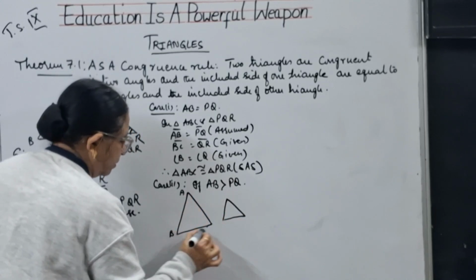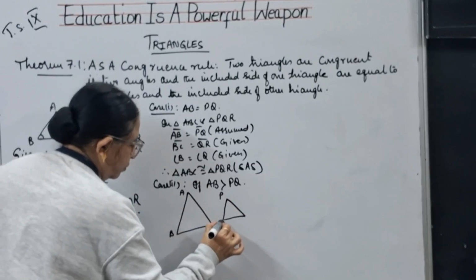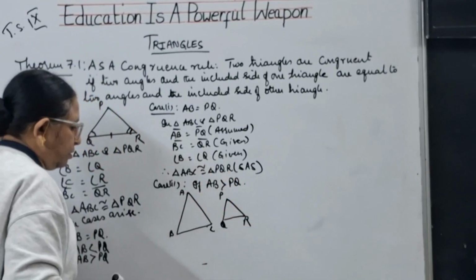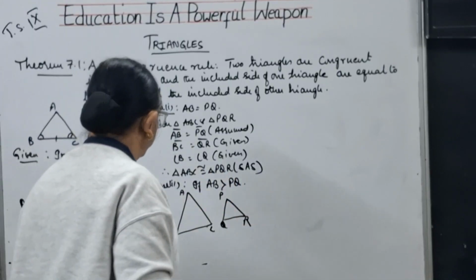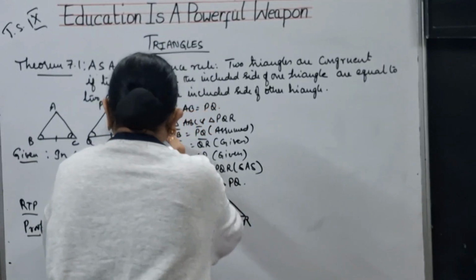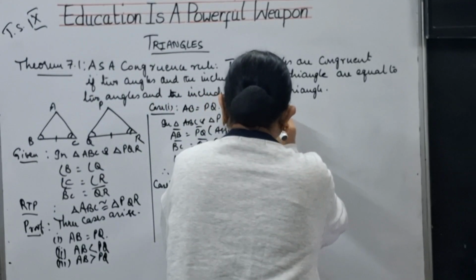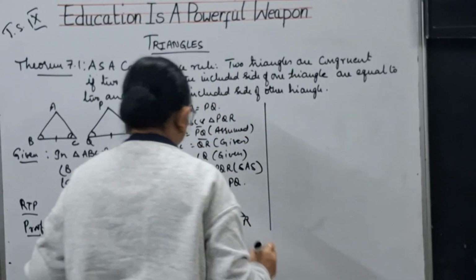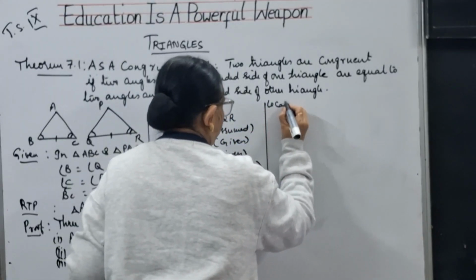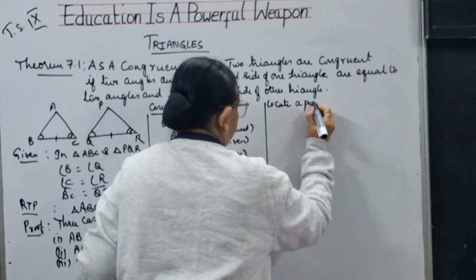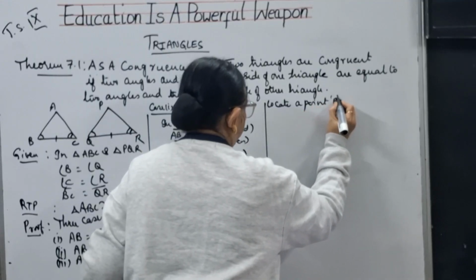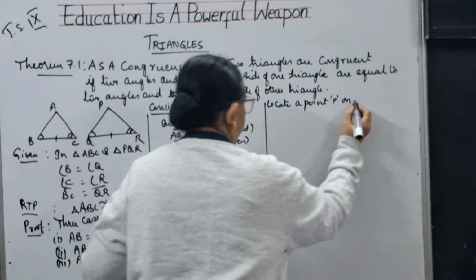In this case, to prove it, what you need to do is locate a point on AB.